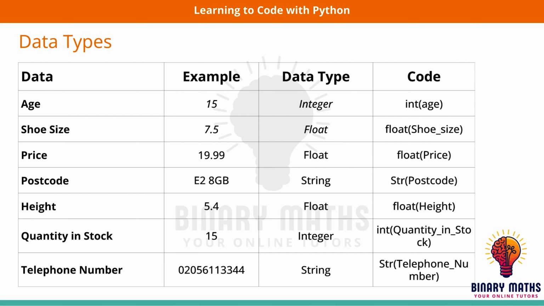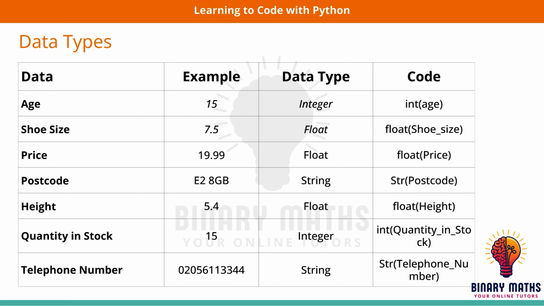If we wanted to make reference to someone's shoe size, it might be 7.5. Now because it uses a decimal point, in normal mathematical terms, we will call that a decimal number, but in computing, we call it a float. So as a code for Python, we will type in float, open our brackets, shoe_size, and then we close our brackets.